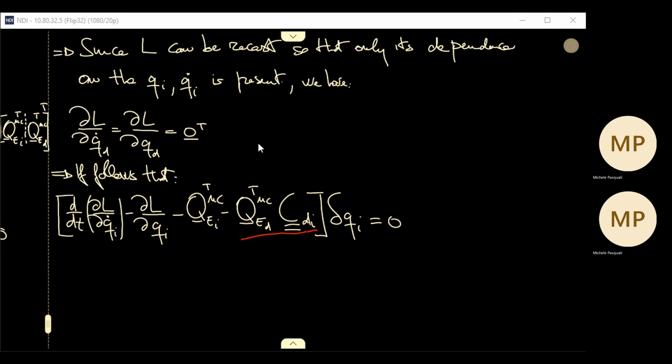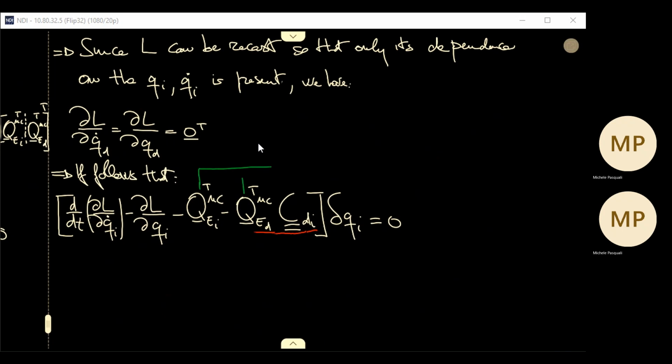In fact, all of this, if you want, can be recast. Actually, let's write it on top, otherwise we will have issues of space.